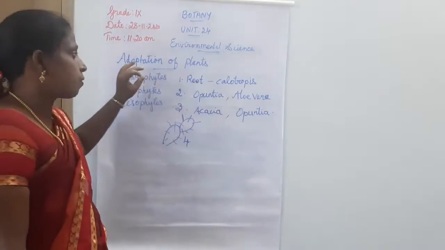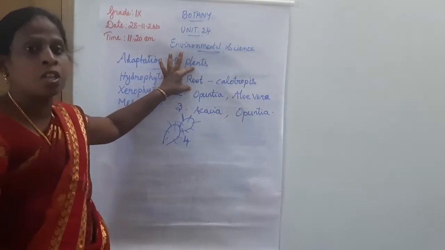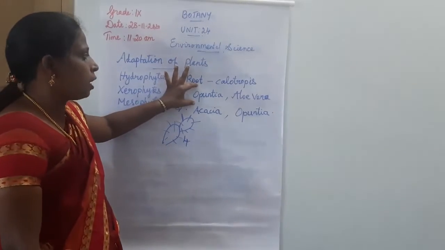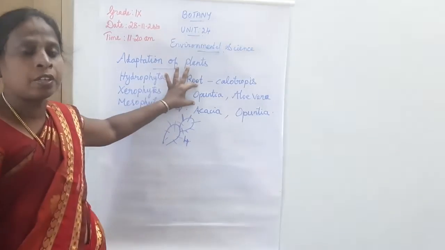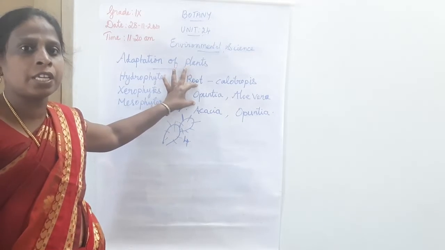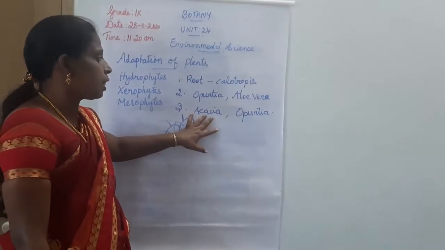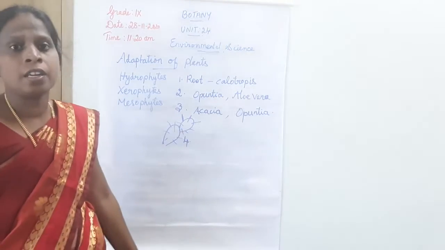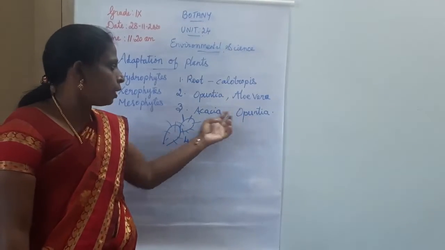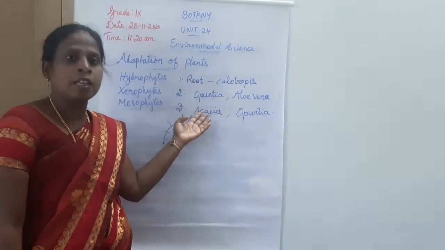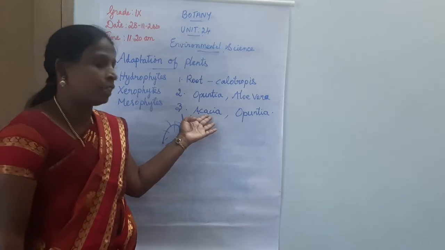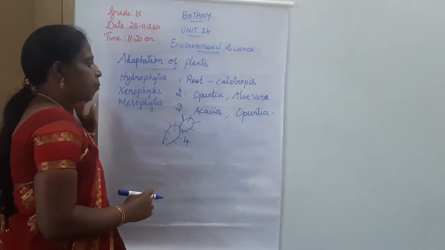So what are the adaptations of xerophytes? The first point is, the roots grow very deep into the soil where the water is available. Second one is, the succulent part of the plant body can retain the water in the parenchymatous tissue for a long time. Third one is, in some xerophytic plants the leaves are reduced into spines, example opuntia. And in acacia, the leaves are very small and consist of very thick cuticle to reduce the transpiration rate.